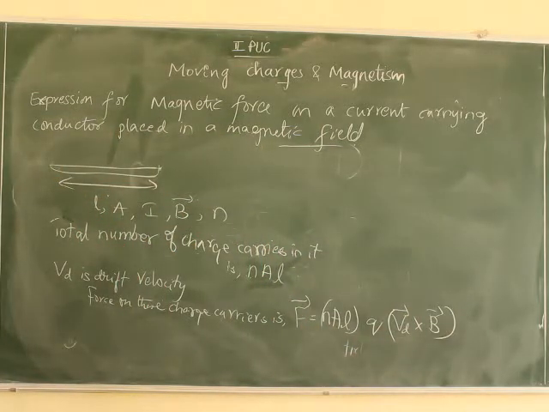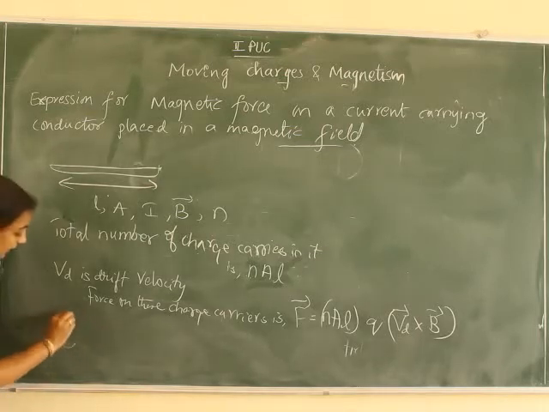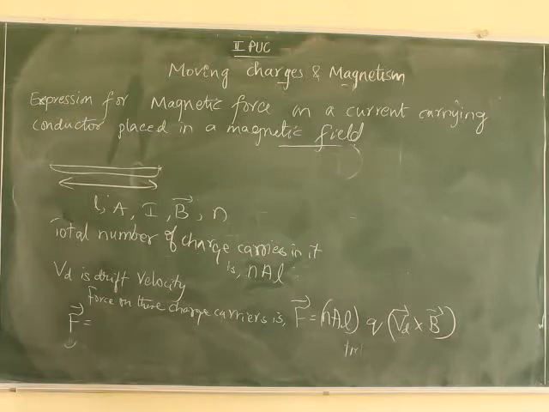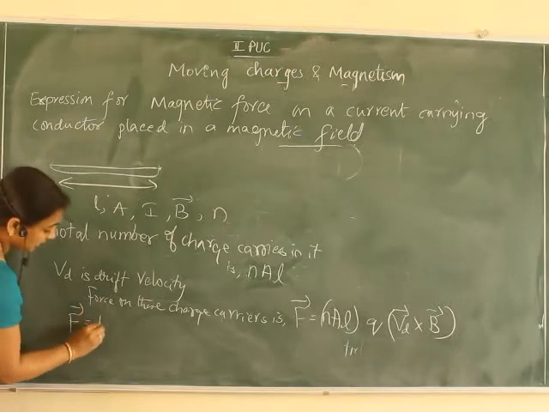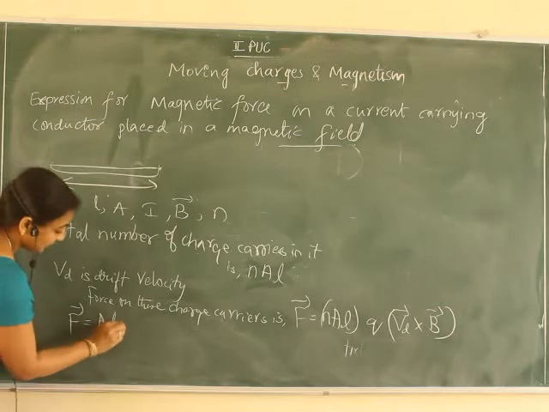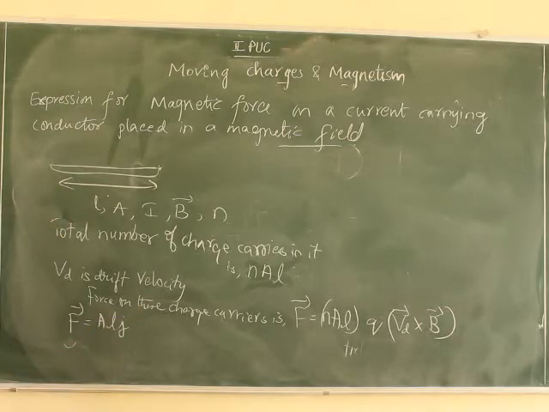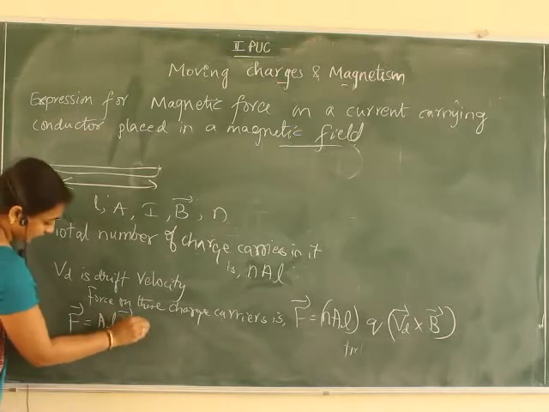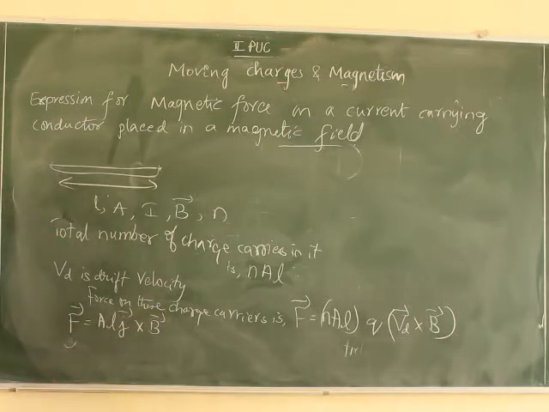What is the next step I can move for? See here. F vector is equal to, I can open these brackets and write A L, J vector cross B vector.